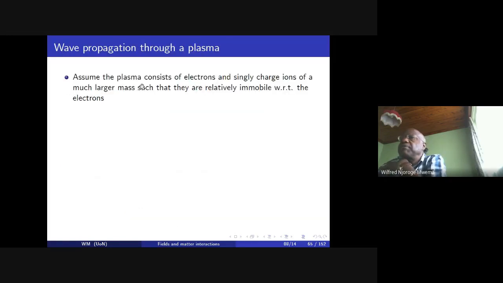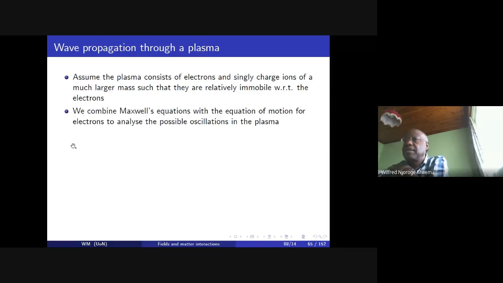So we assume the plasma consists of electrons and singly charged ions of a much larger mass, such that they are relatively immobile with respect to the electrons. So we combine Maxwell's equations with the equation of motion for the electrons, and we analyze the possible oscillations that the plasma can undergo.